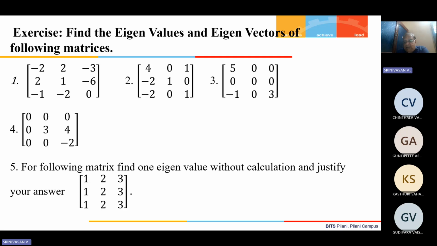We are now towards the end of the session. At least now, can I get a response from any one of you to answer this immediately, which is very simple, if you have really followed the session throughout?